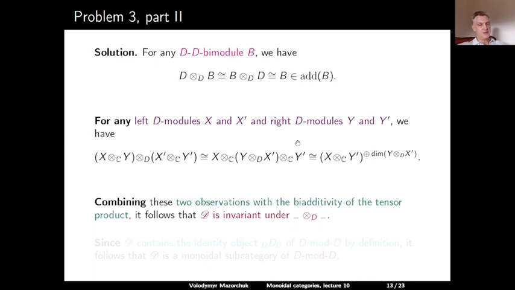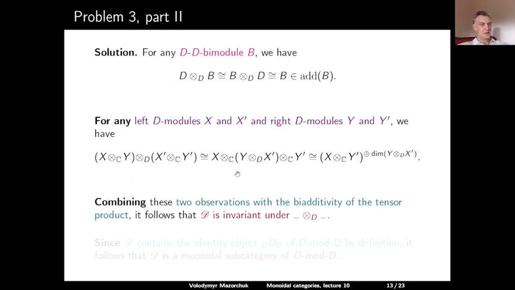Now, if we combine these two facts with the observation that the tensor product is biadditive, we see that our category curly D is invariant under the tensor product. So the first thing says that with a regular bimodule, if we tensor, we never leave the additive closure.